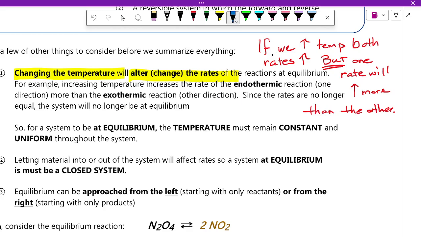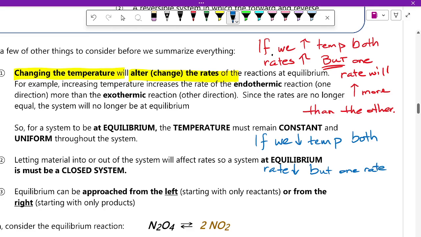If we decrease temperature, what happens to the rates? Both rates are going to decrease because that means fewer collisions, right? And less energy in our collision. Both rates decrease, but one rate will decrease more than the other. The endothermic is always affected more by both the increase and decrease in temperature.